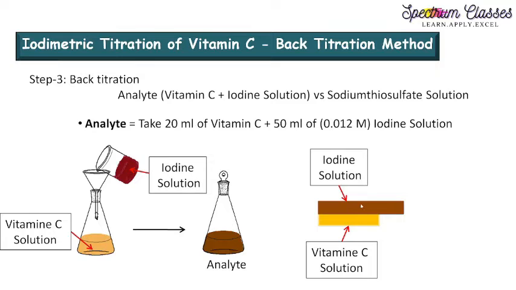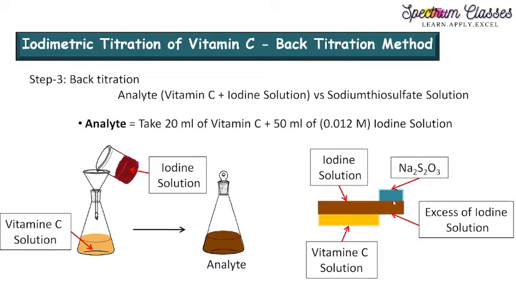Some part of the iodine solution which I have added to this vitamin C solution reacts with the vitamin C, and because this iodine solution is added in excess, some part is still left there unreacted. The part of iodine which is in excess, or left unreacted, we are going to titrate against the sodium thiosulfate solution.